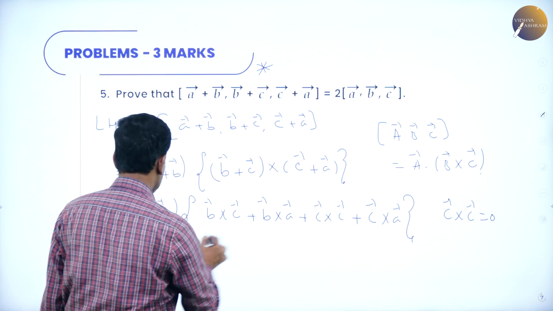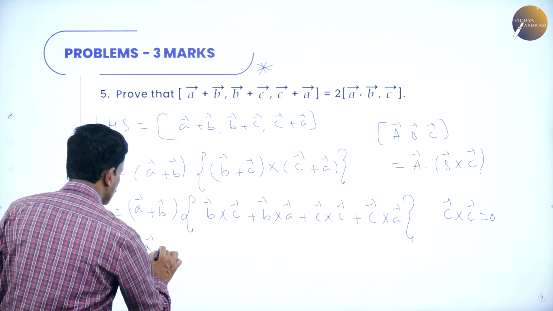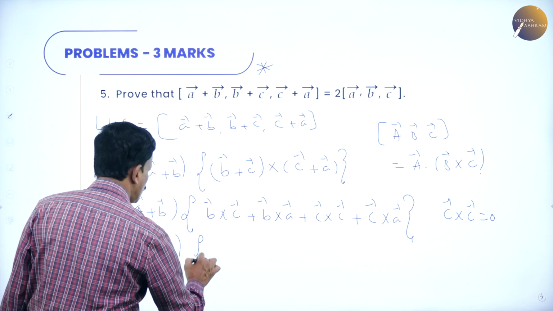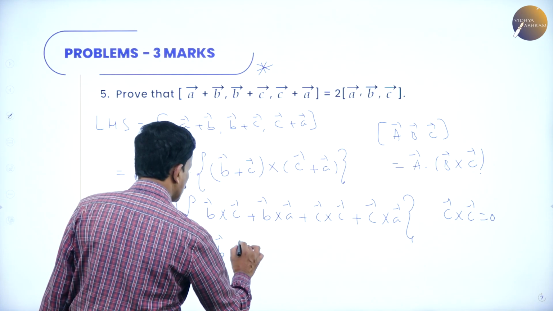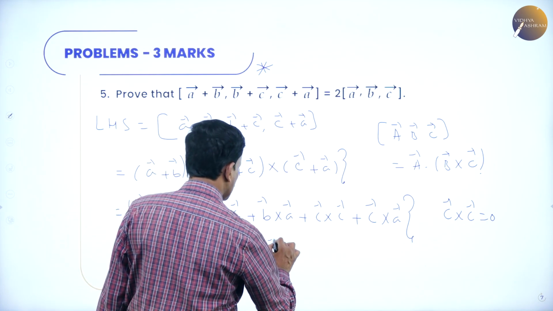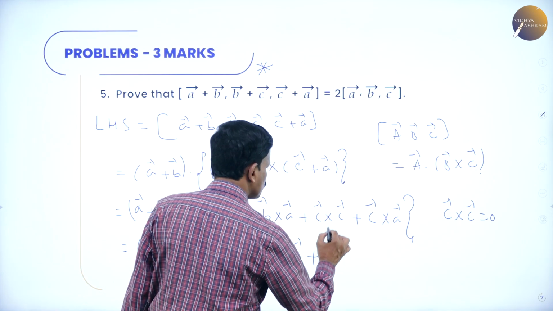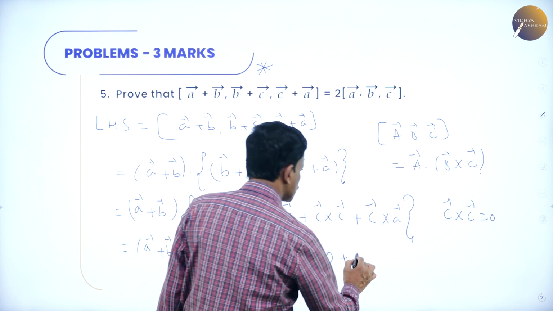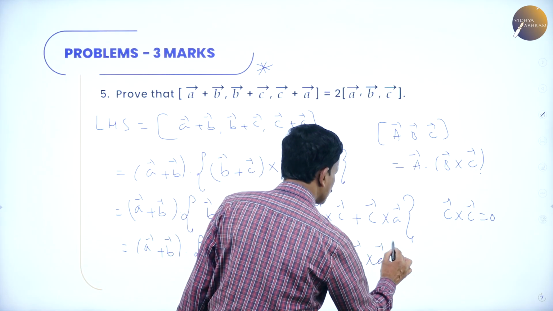So this reduces to 0. This can be written as vector A plus B dot, this is same, B cross C plus B cross A plus this becomes 0 plus C cross A.